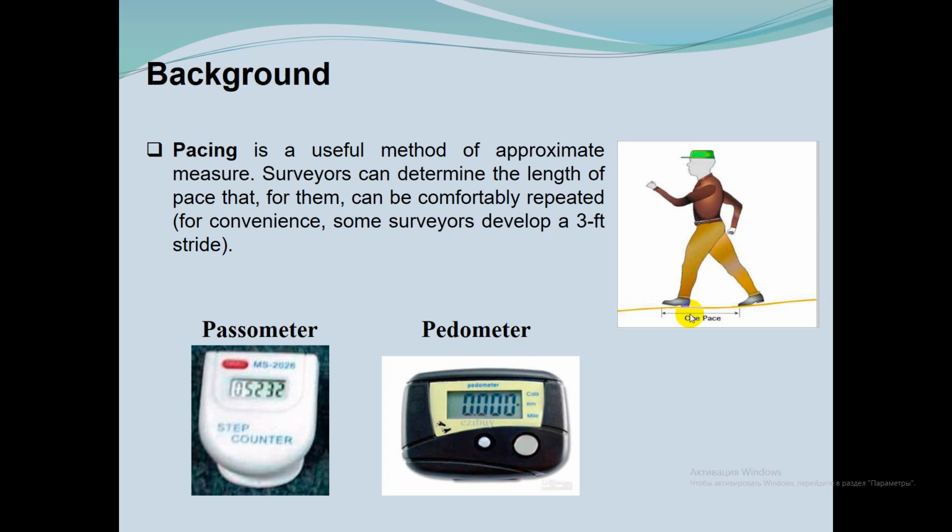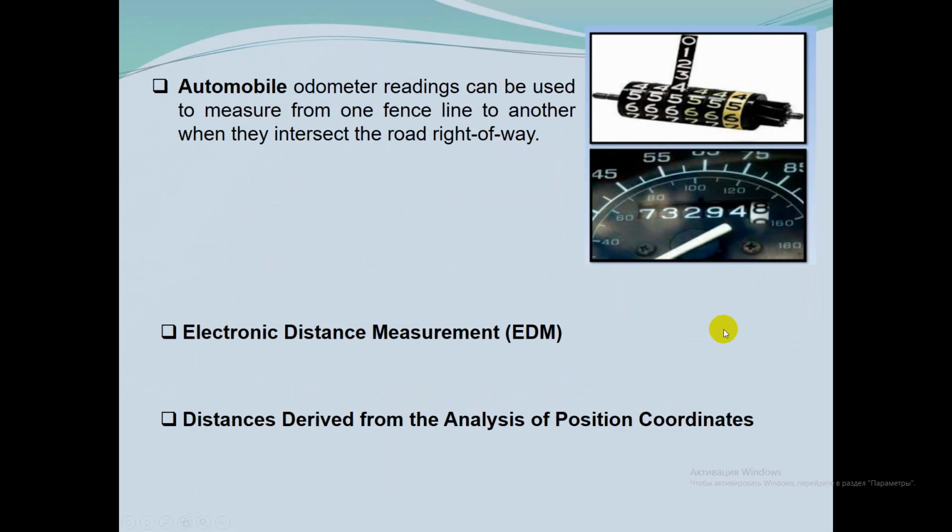Okay. The next device is the automobile odometer, and readings of the automobile odometer can be used to measure from one fence line to another when they intersect the road right of way.